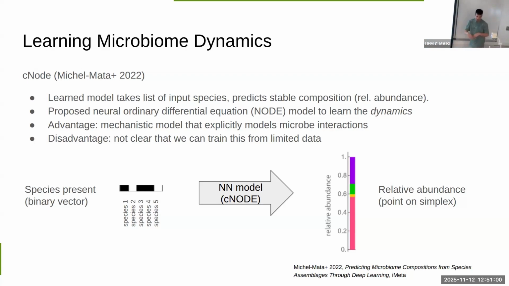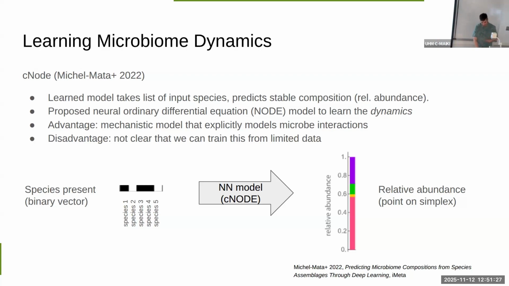So if you had nice time series of the relative abundance over time, it'd be much easier to learn these dynamics. You'd fit one of these ecology models. But all we have is the snapshot in time. So we're going to assume that these are stable points in that dynamical system. And this neural network model allows you to try to learn this mapping.